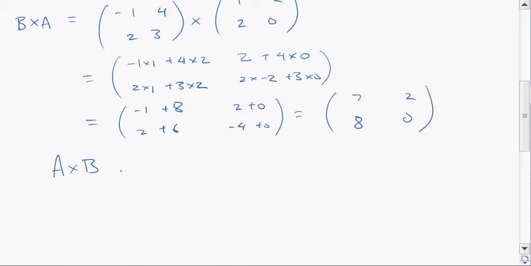So this is true in general, actually. If you pick two matrices and multiply them A times B, and then turn around and multiply them the other way around, you'll get a different answer. So the way that we say this is we say that matrices don't commute.